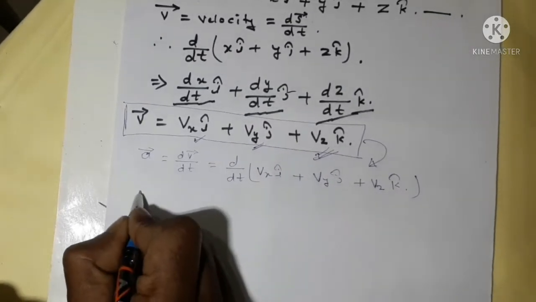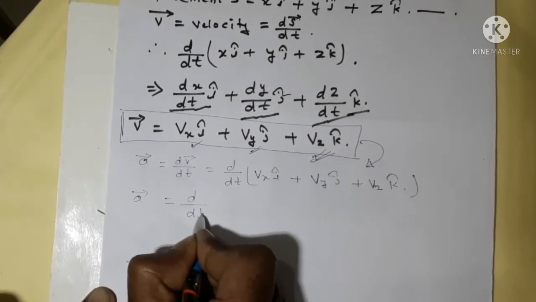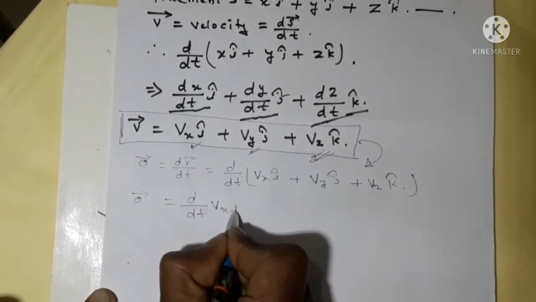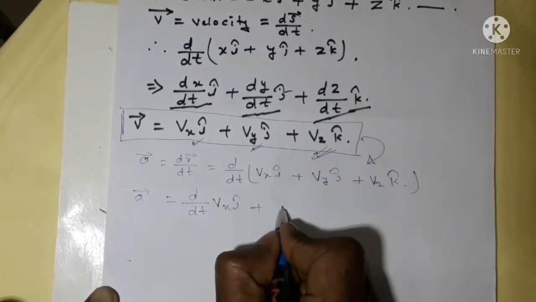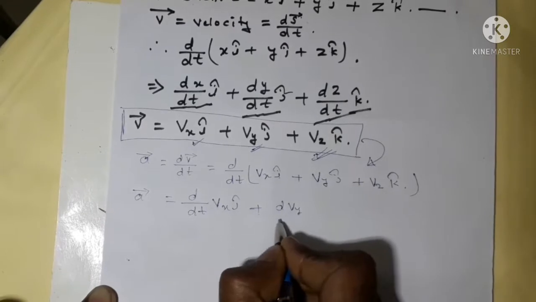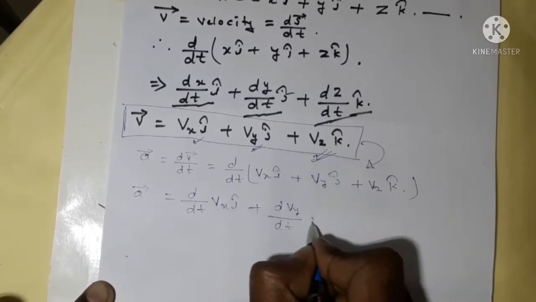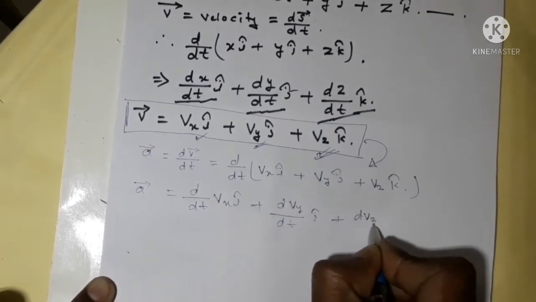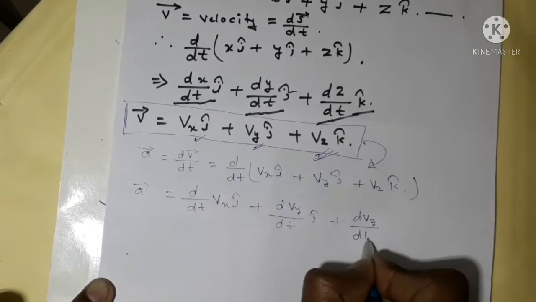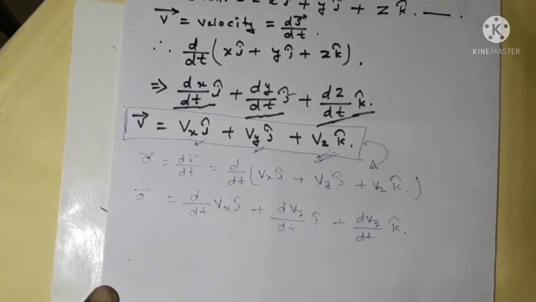Now written like this, d by dt of vx I cap plus dvy by dt j cap and dvz by dt k cap, like this it can be written.